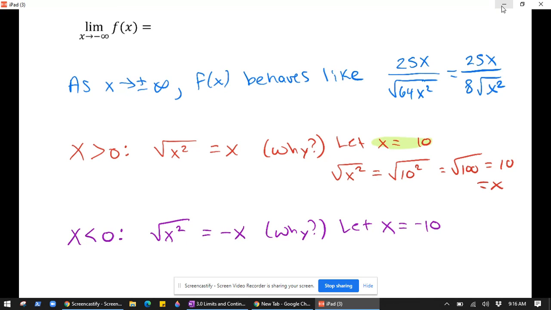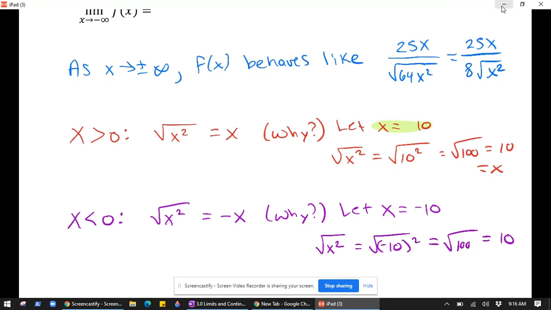Well, if that's the case, the square root of x squared is equal to the square root of negative 10 squared. A negative times a negative is a positive, so that's the square root of 100, which is 10. And again, that's because the square root of a number is always going to be what's called the principal square root, which is the positive number. So that's 10. But notice 10 is the opposite of negative 10, so that's negative x.